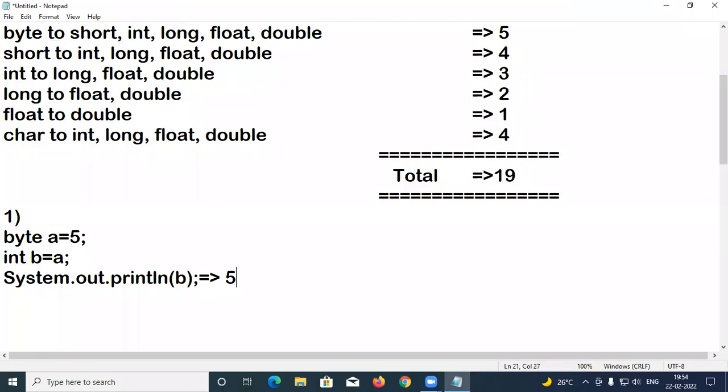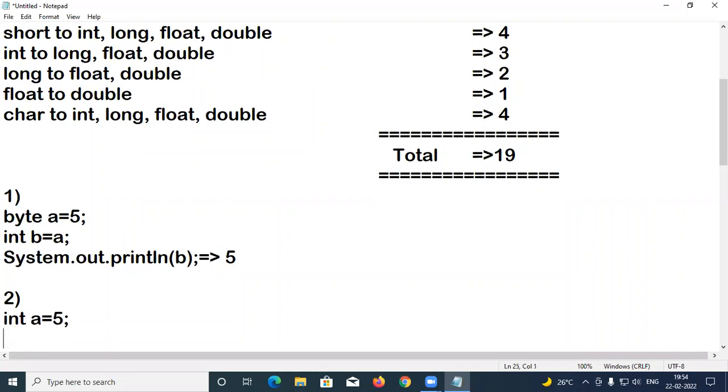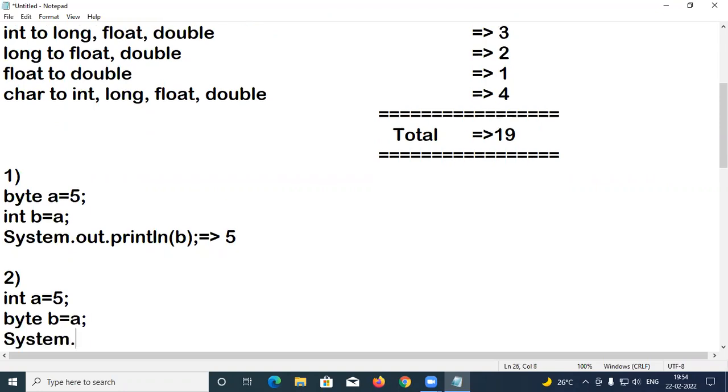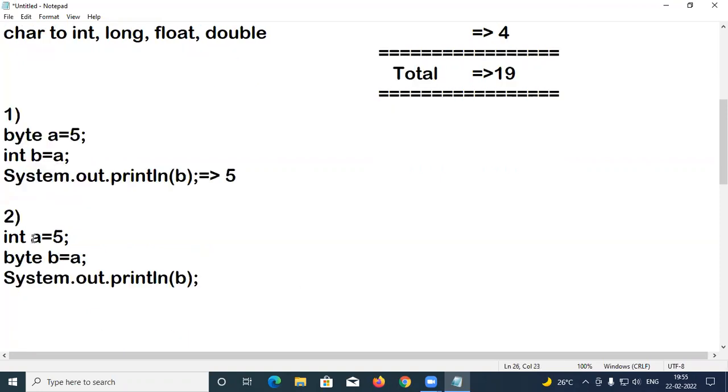Okay. Now suppose the second one. You observe: int A equal to 5. Byte B equal to A. System dot out dot println B. Now here, A is which type? Int type. B is which type?